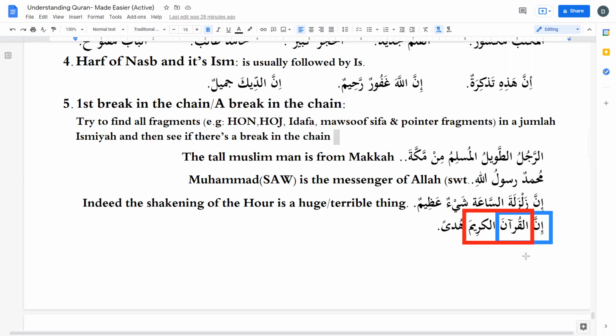Hudan. Okay, so alhamdulillah. And in the Quran al-Karima, indeed, the noble Quran is guidance, is indeed guidance for us. Yes. So alhamdulillah, let me see what we have next.